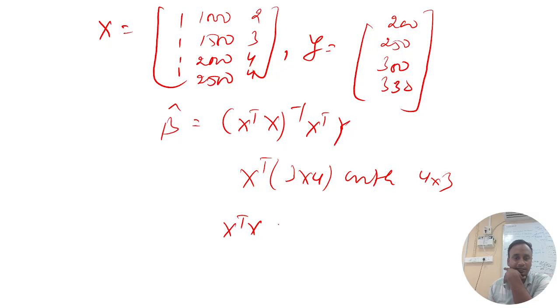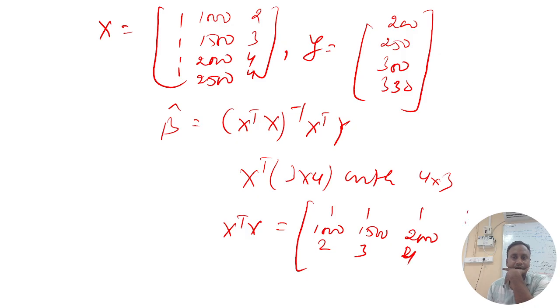First we'll calculate xt times x. The transpose will have rows 1 1 1 1, 1000 1500 2000 2500, and 2 3 4 4, then x stays as it is.